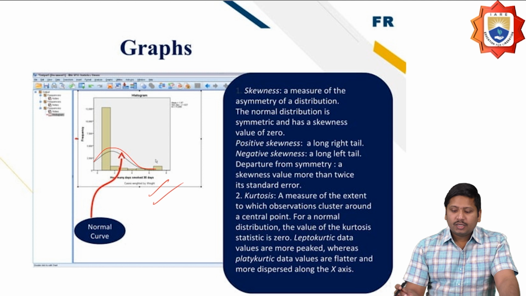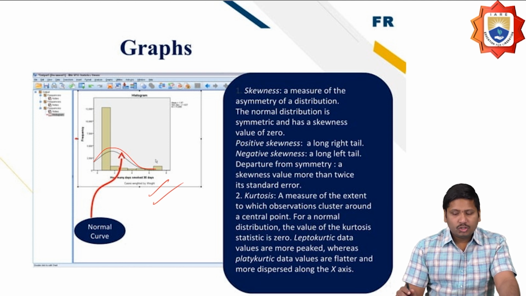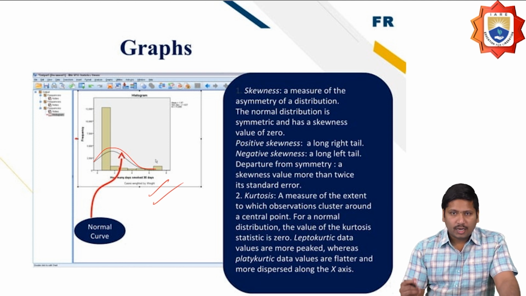Skewness is nothing but a measure of the asymmetry of a distribution. Normally a normal distribution is symmetric and has a skewness value of 0. You are going to have two types of skewness, positive skewness and negative skewness. Positive means a long right tail, and negative skewness means a long left tail.